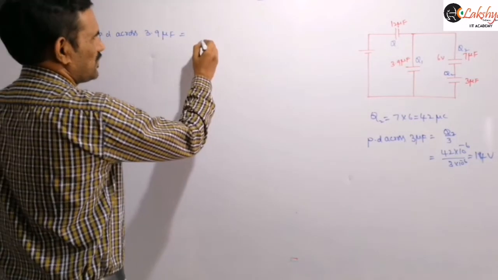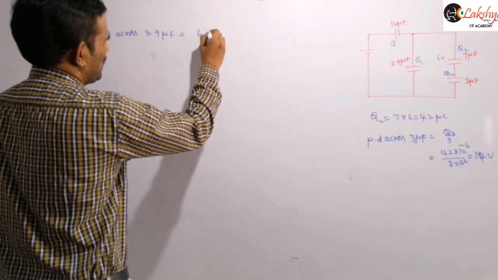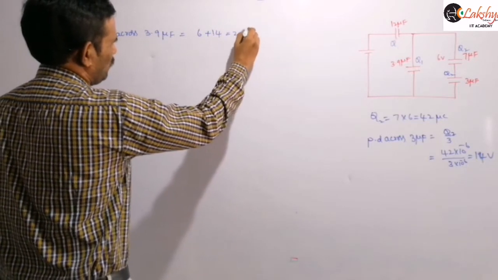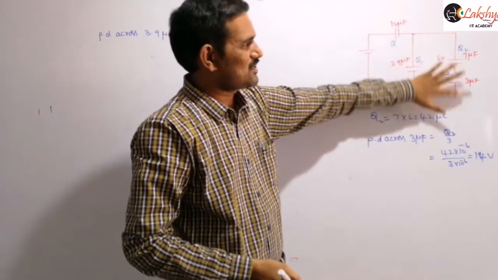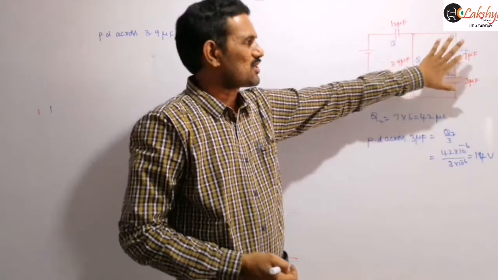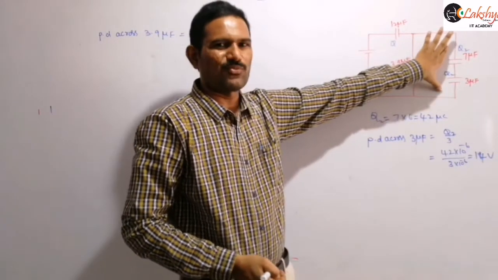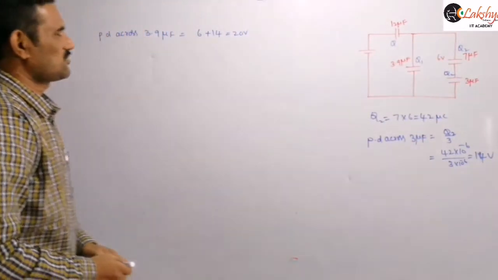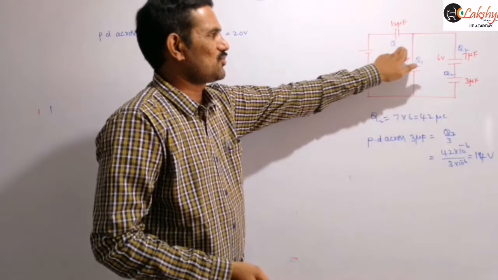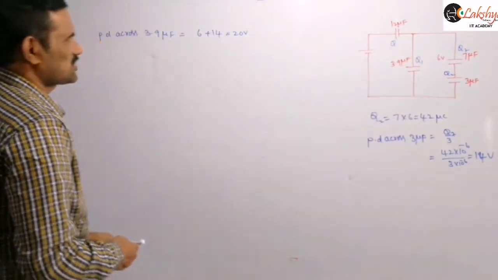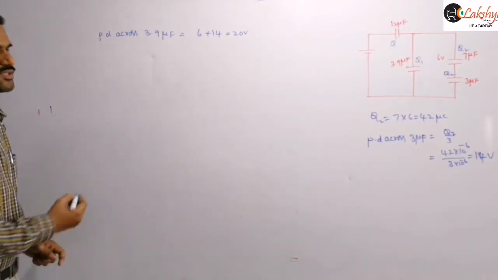So this value should be equal to 6 plus 14, so 20 volts. Because this combination is in parallel with this 7 and 3. So the potential difference across this must be same as that of potential difference across that. So then which is 20 volts. And now for this capacitor, you know the capacitance and you know the potential difference. You can calculate the charge.